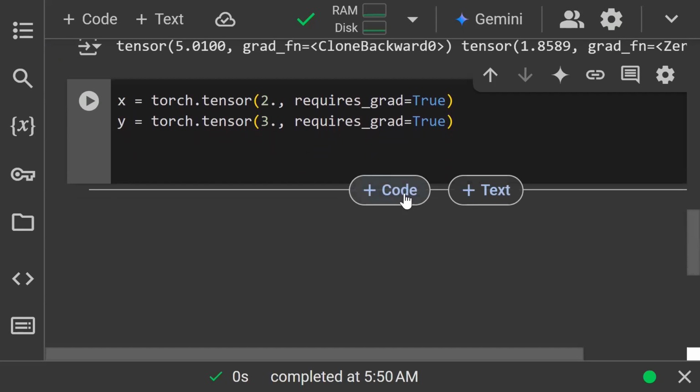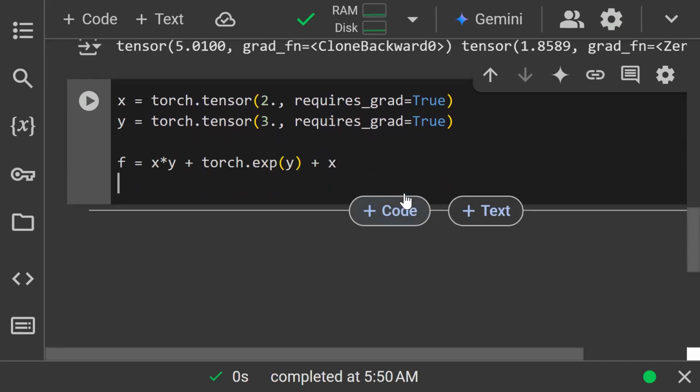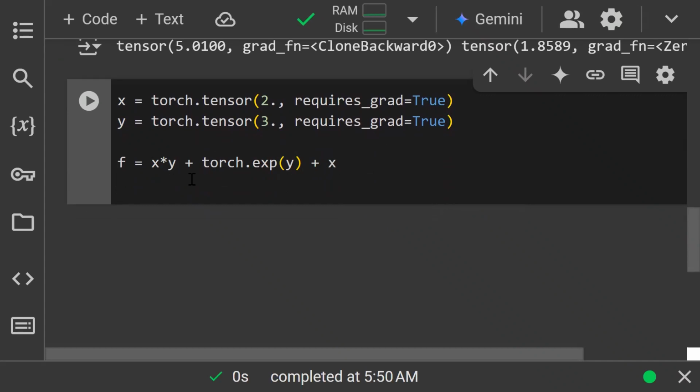And then my function f is x times y plus exponential of y plus x or something like that. So I have some function like this, still a scalar function, right? Because as a result of computing this, we have a single number. Agreed?